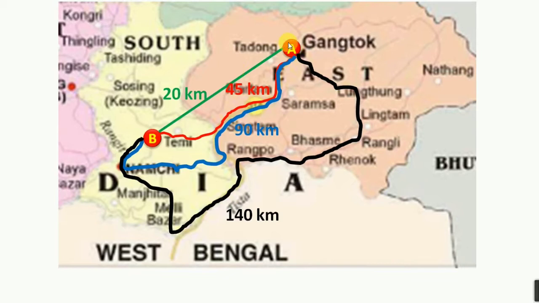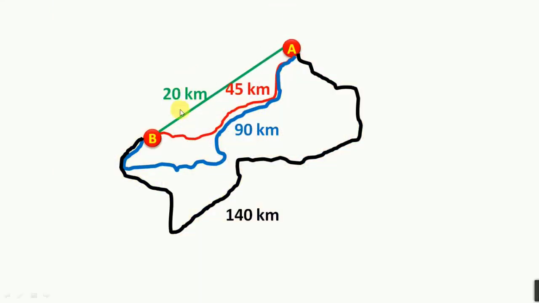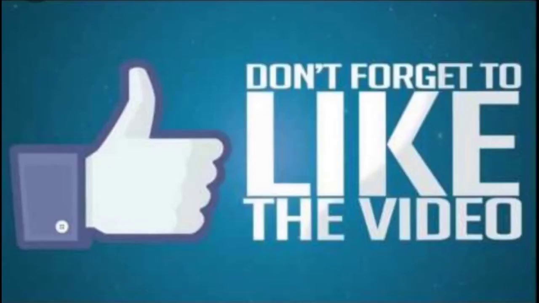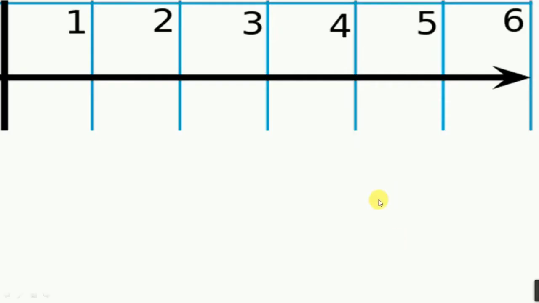Suppose in the fourth case you are taking a helicopter to reach point B, so you are going straight, the distance is 20 kilometer. All these numbers represent the distance, and the shortest distance between A and B is called displacement, and the shortest distance is always a straight line, and the length of the path is called the distance. Now let's understand distance and displacement through an example.